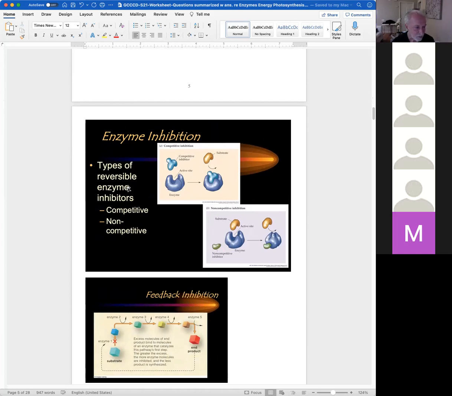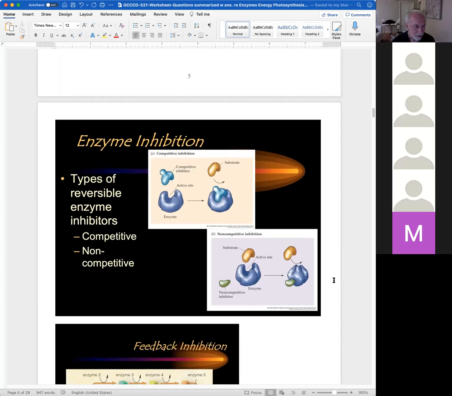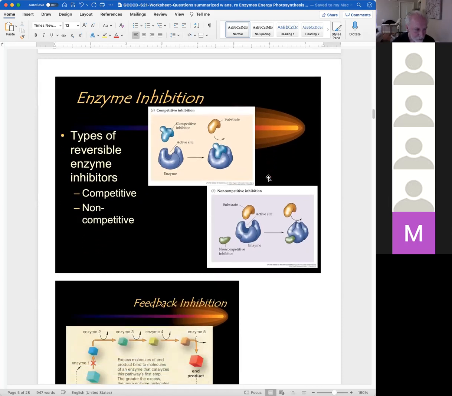So, types of reversible enzyme inhibitors. There's competitive inhibition. This illustration shows an enzyme as a blue blob. But remember, it really isn't a blob.